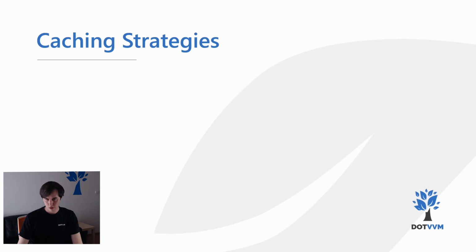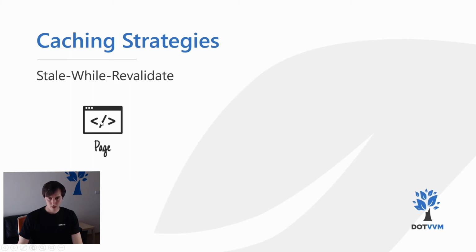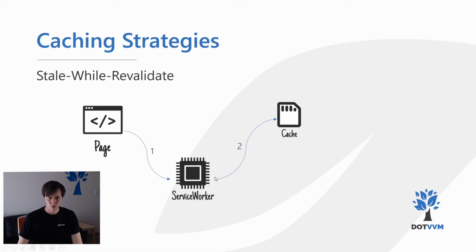The last strategy that we're going to talk about, and that is widely supported, is something called stale while revalidate. This is where the page asks for a resource to the service worker and it looks to the cache and it returns. So far it looks like the cache only strategy, because the service worker took a look into the cache and returned the file from the cache.